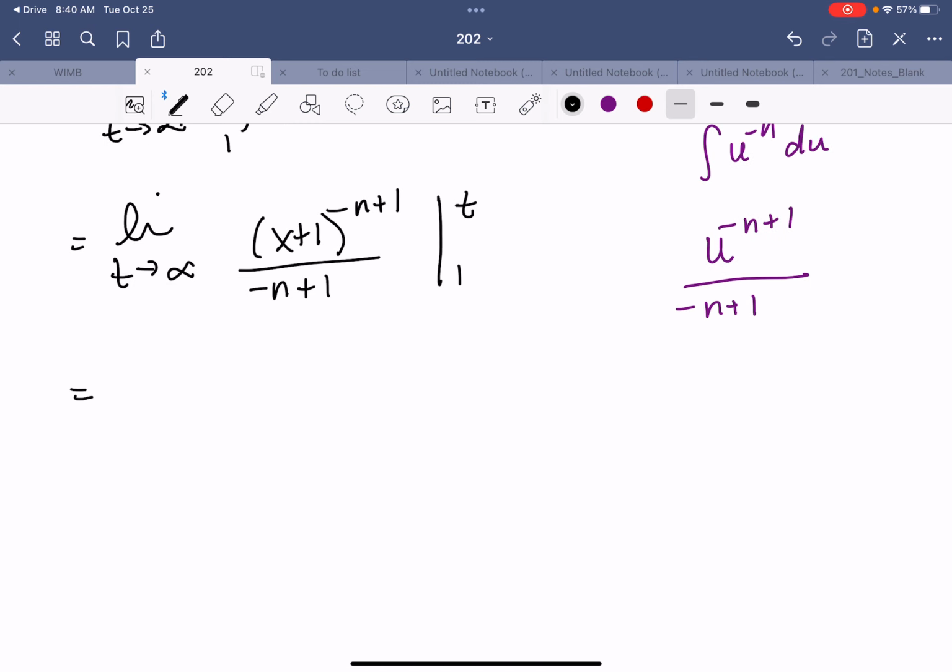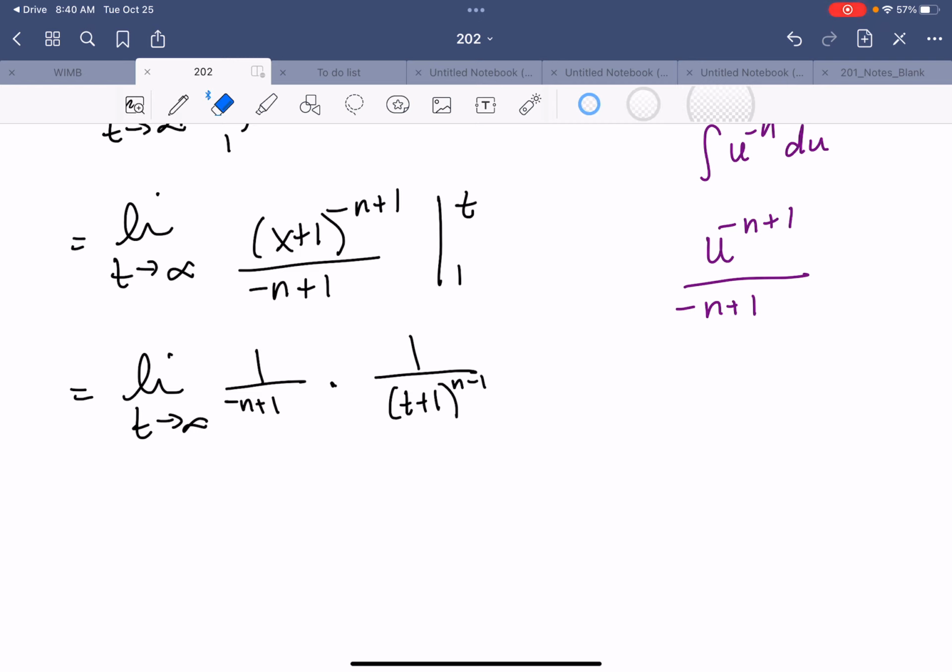Okay, so that means that we get the limit as t goes to infinity of t plus 1. And I'm actually going to move it down to the bottom now so that we can see what's happening. So 1 over negative n plus 1, that's just a constant. And then you're going to have 1 over t plus 1 to the positive n minus 1.